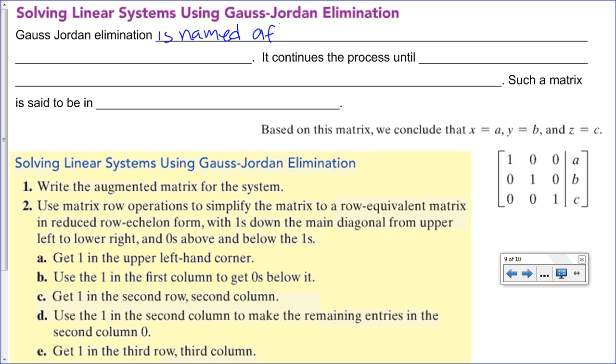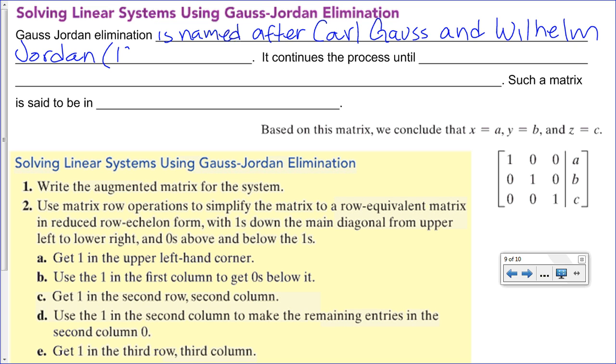Named after the same guy, Carl Gauss, and, no wait, sorry, Wilhelm Jordan. Who lived around his years.